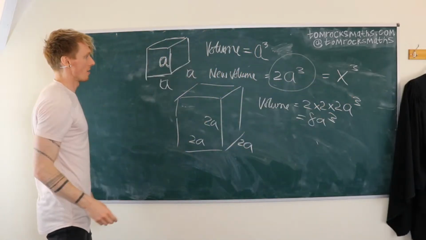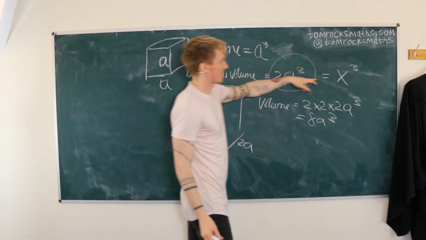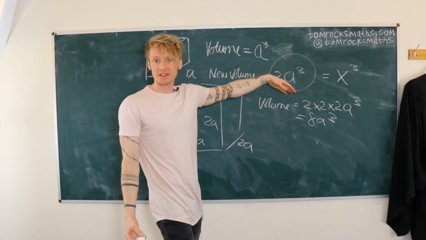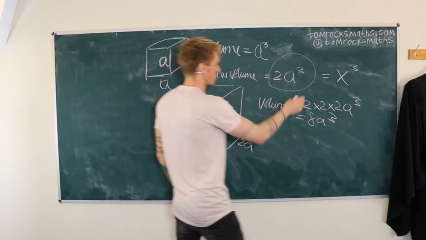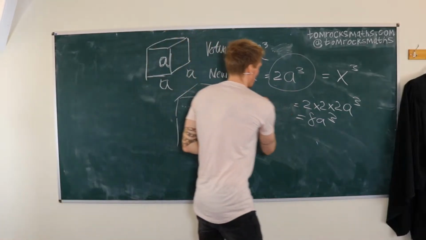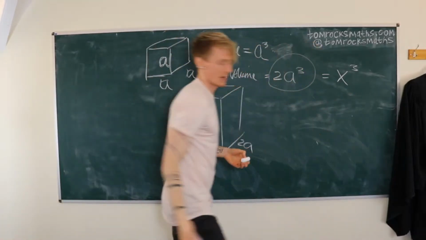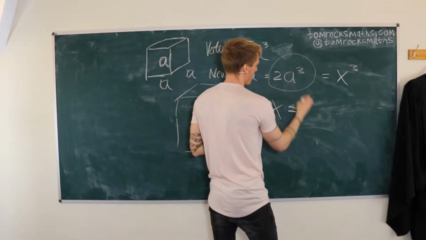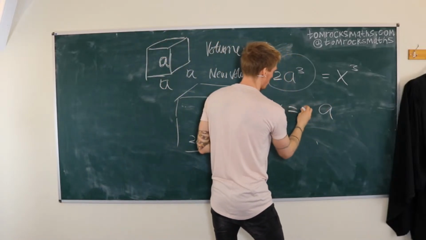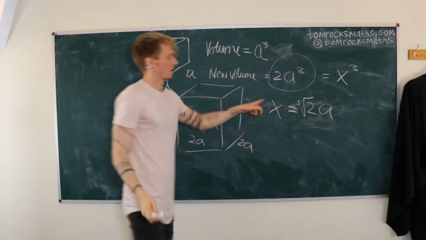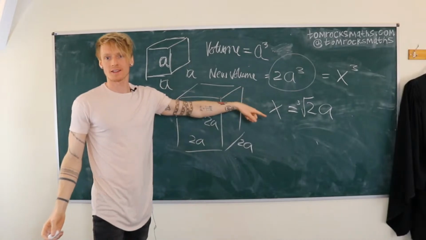So we can then just solve this equation. Taking cube roots of both sides, we're going to get x is equal to a, and then in front of that, the cube root of 2. And that is going to be the answer that we needed.